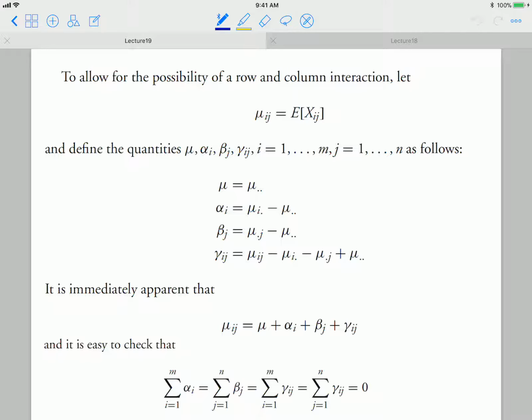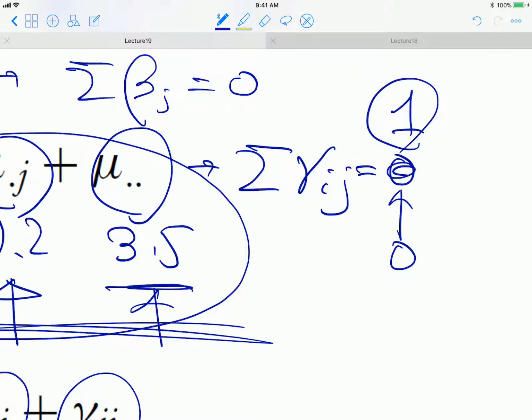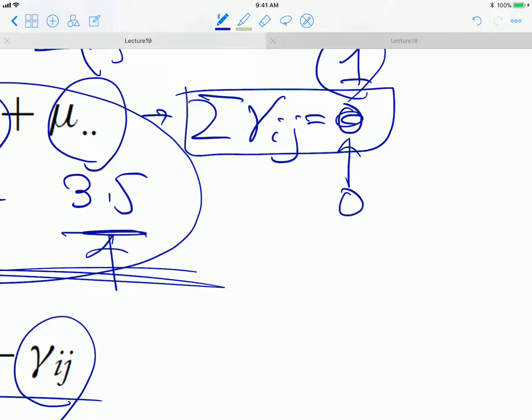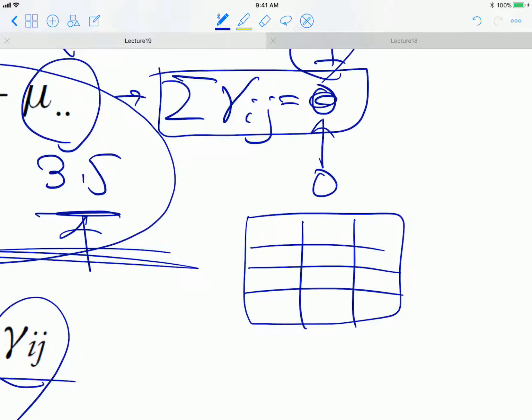And in more detail, what is this? Suppose we had 4 different exams and maybe 3 different students. In this case, we will have the interaction terms gamma 11, gamma 12, gamma 13, gamma 21, and so on, right?